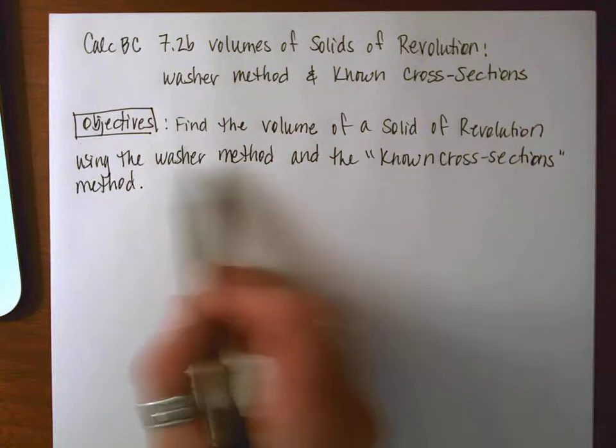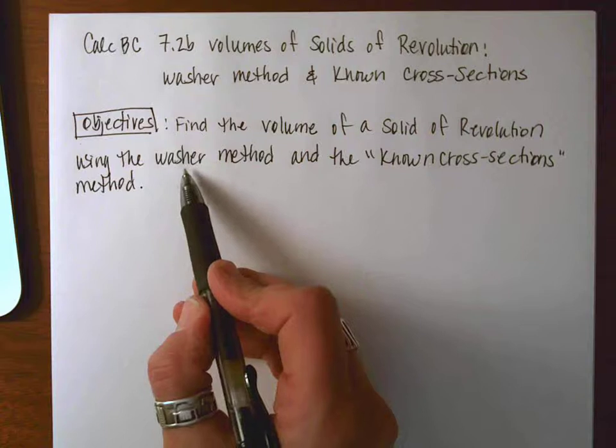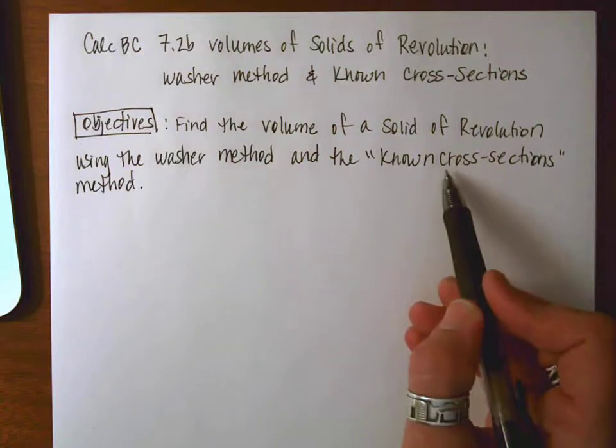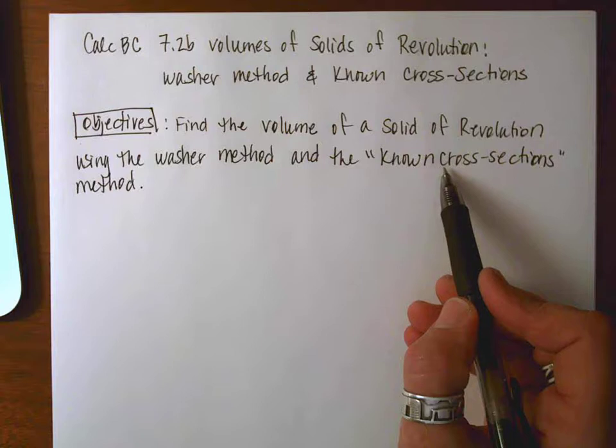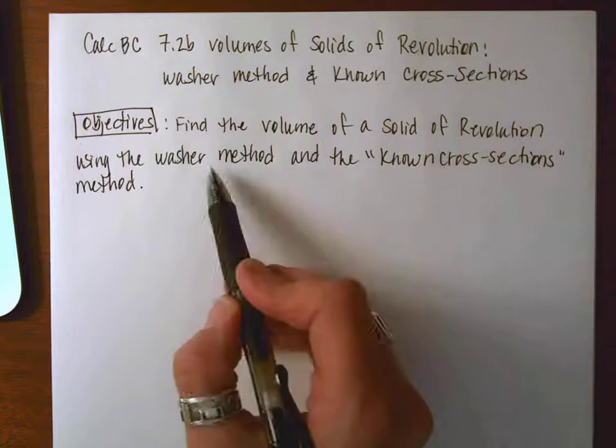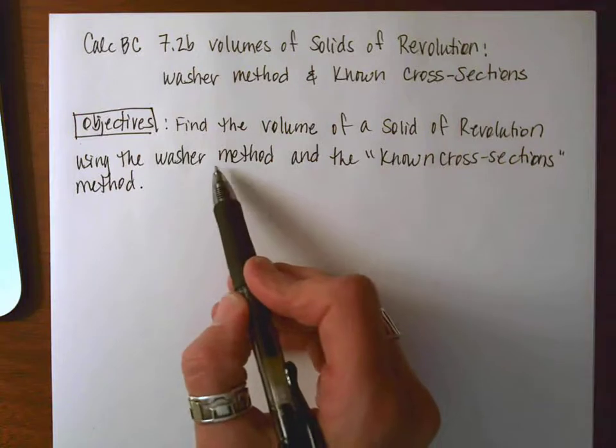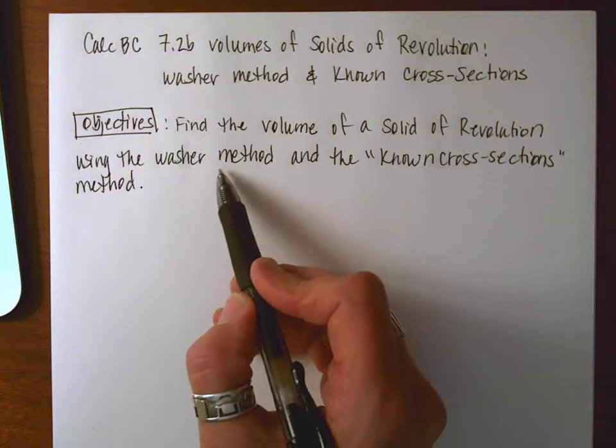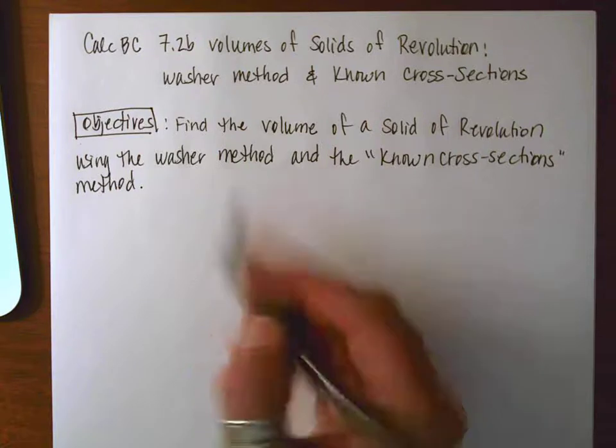and we've actually talked about the washer method already a little bit, but this is what's going to be our new information today. But I'm going to go back and talk about this washer method first. So we did talk about it in class in a few of the problems that you were doing.